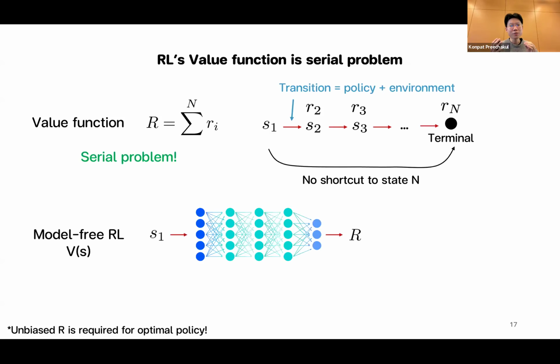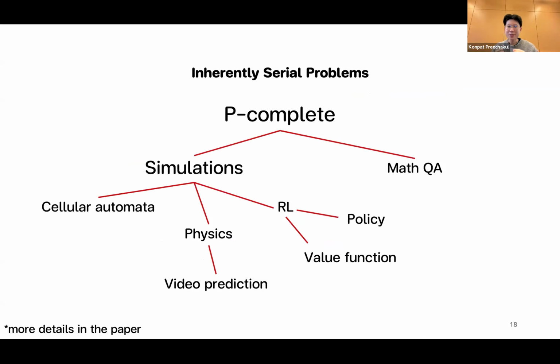So when model-free RL tries to approximate this value function V of S with a shallow neural network, most likely the approximated value is going to be biased. And if you have a biased value function, you will not get an optimal policy. We discuss these problems in the paper in more detail, so feel free to check it out.